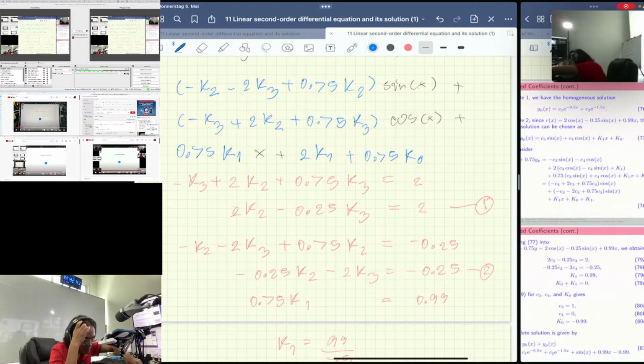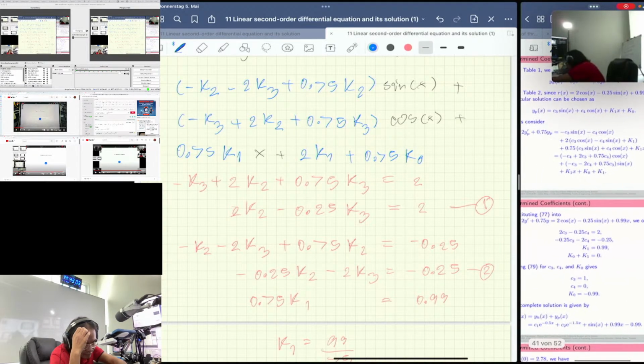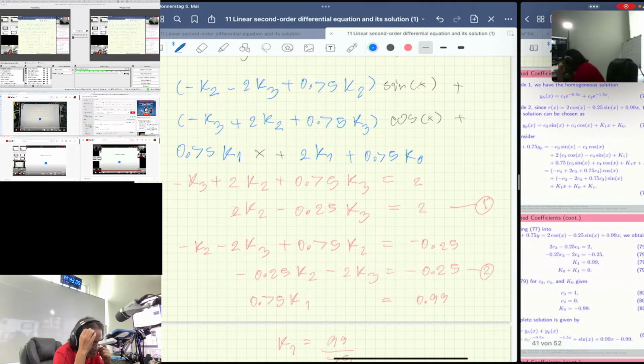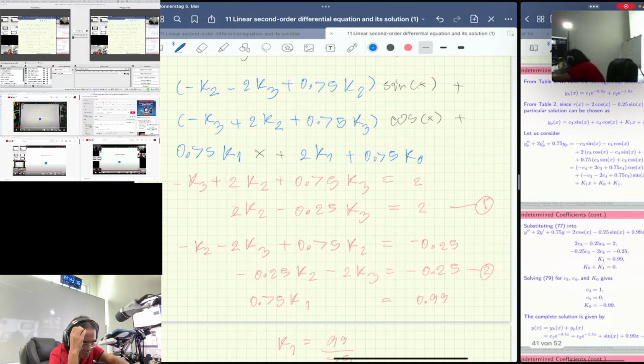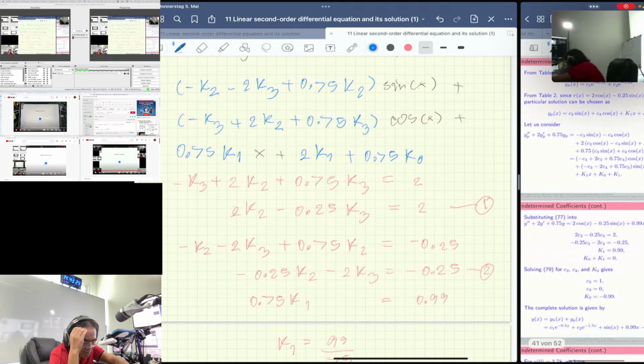And the constant, the x term, 0.75 K1 x equal to 0.99x. Yes. And that's K1. No, K1 is not.